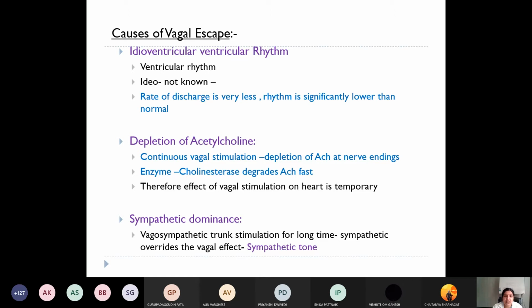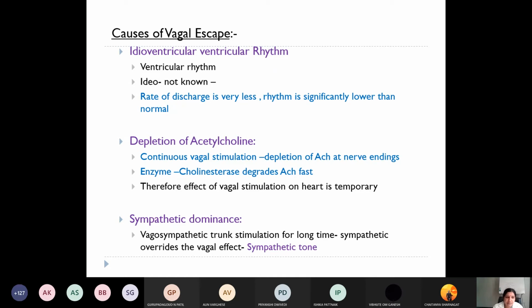So one of the theories applied is vagal escape, right? Whatever points are studied on the amphibian heart are very, very important, and have a lot of application in the clinical diseases of the human heart also.